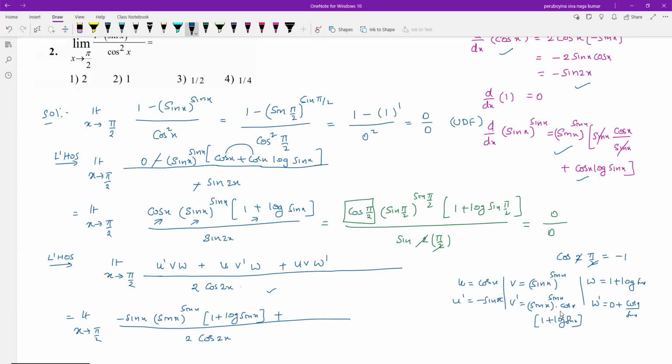And then plus, U means cos x, V dash means sin x power sin x into cos x into 1 plus log sin x.